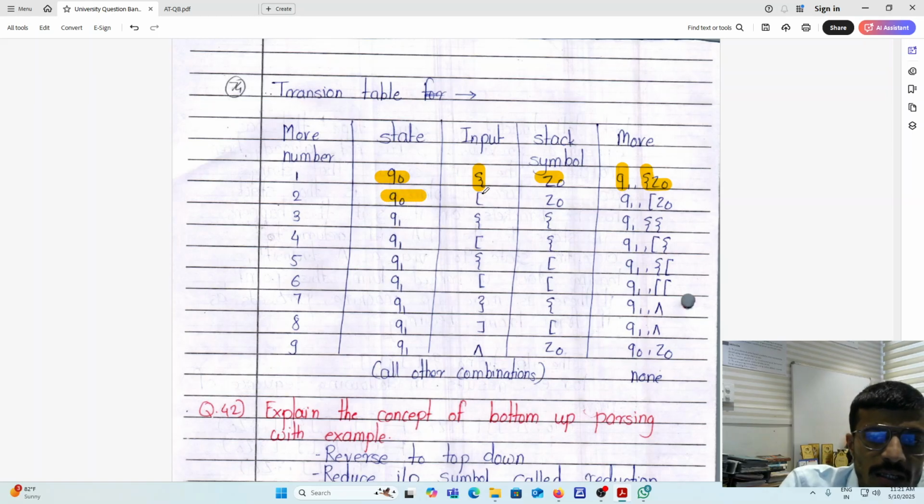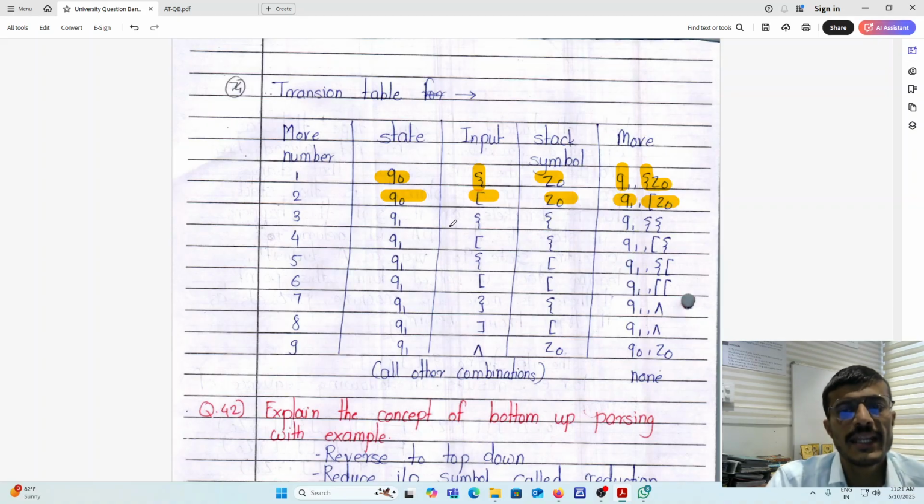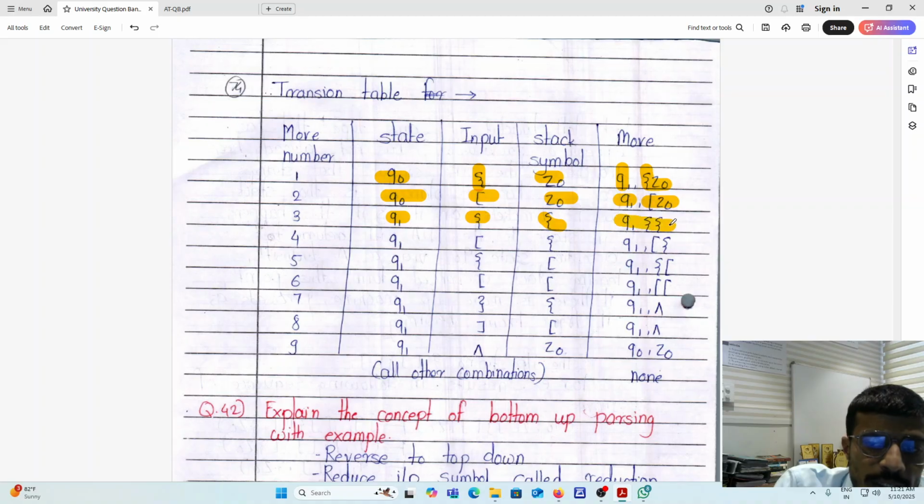Then Q0 rectangular bracket Z0, so it is possible that Q1 rectangular bracket Z0 will be there. Then next one, Q1 input symbol is opening curly, top of the stack, let us consider previously we had read that particular opening curly, then it will be Q1 curly.